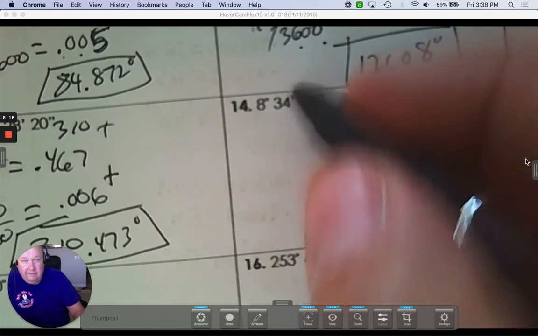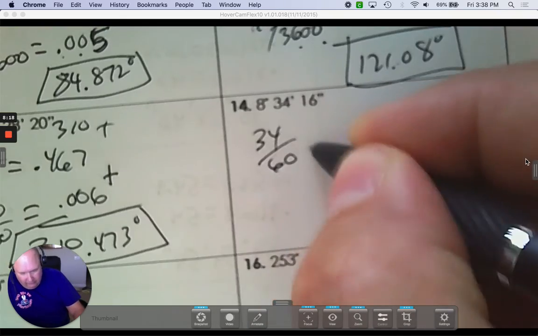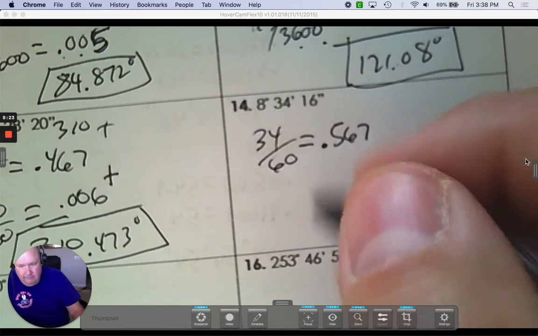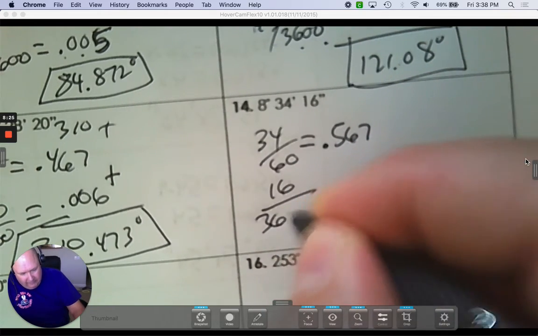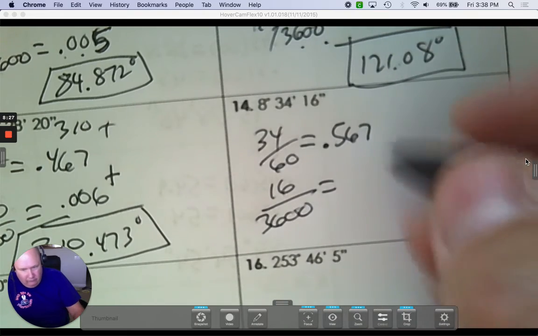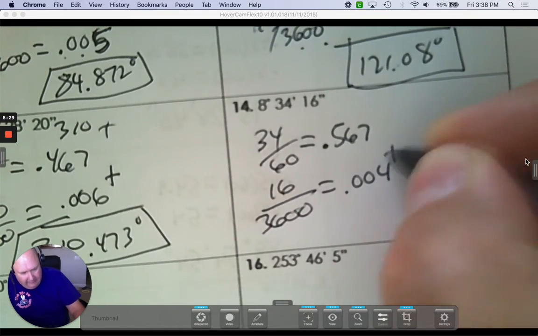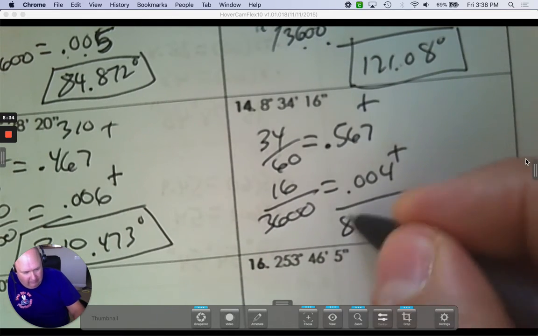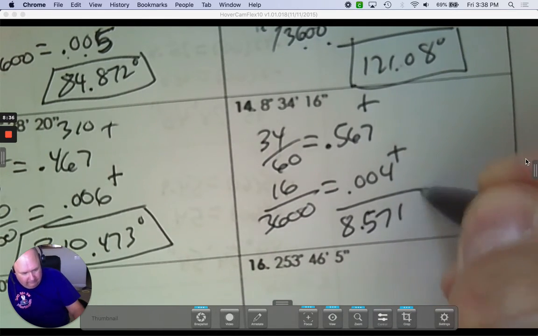Here we go again, 34 minutes divided by 60. That gives you 0.567. 16 seconds divided by 3,600. That gives you 0.004. Add that up with 8, and you get 8.571.